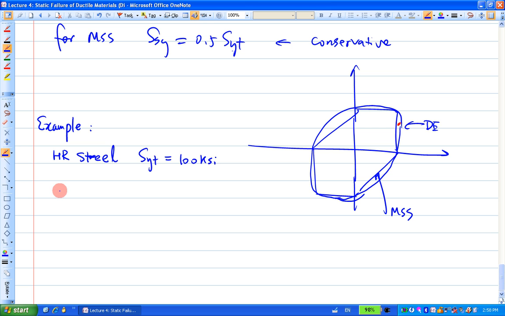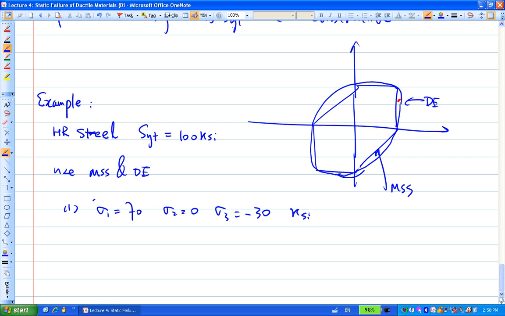Now I want you to use MSS and DE to calculate the safety factor based on the following loading condition. Number one, let's try this one: sigma 1 is 70, sigma 2 is 0, sigma 3 is this. KSI. Okay, let's try this.